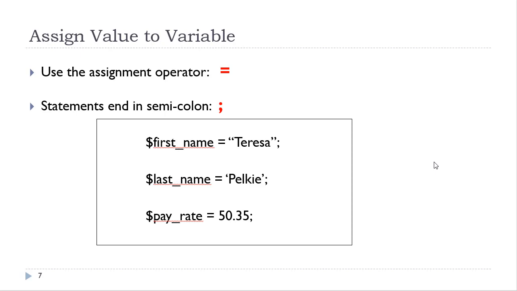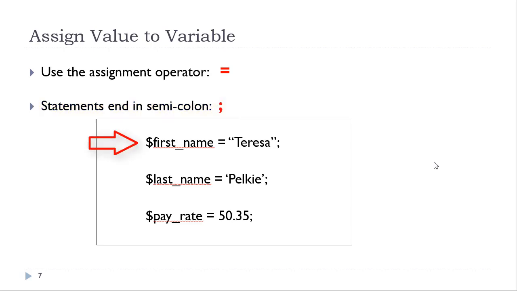When you assign a value to a variable, you will be using the equal sign. That is called the assignment operator. PHP statements end in a semicolon. So every time we assign a value to a variable, that is a statement. A semicolon belongs at the end.